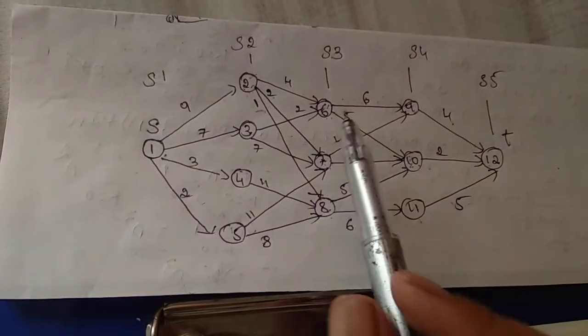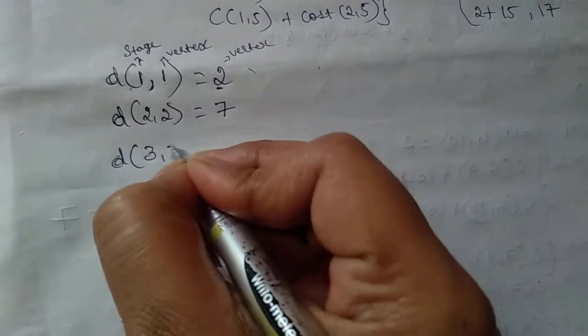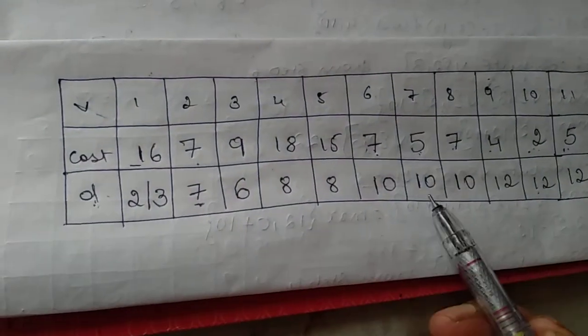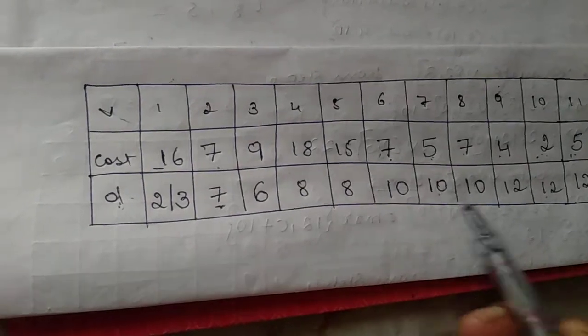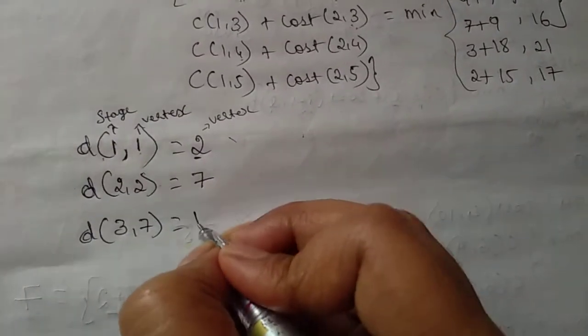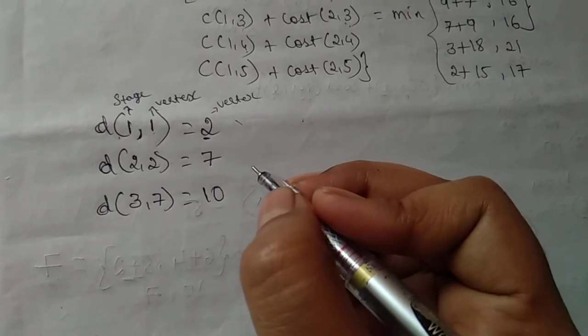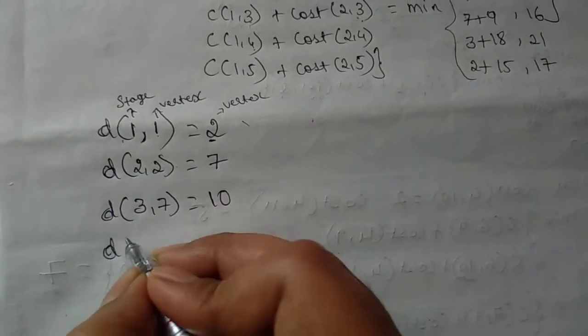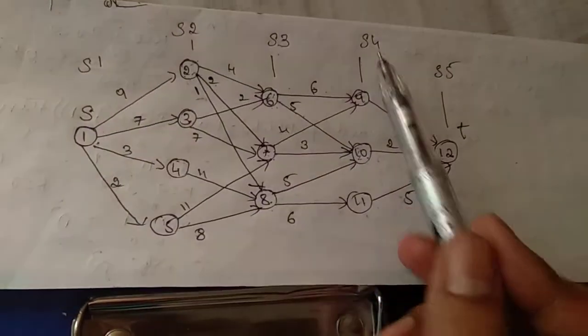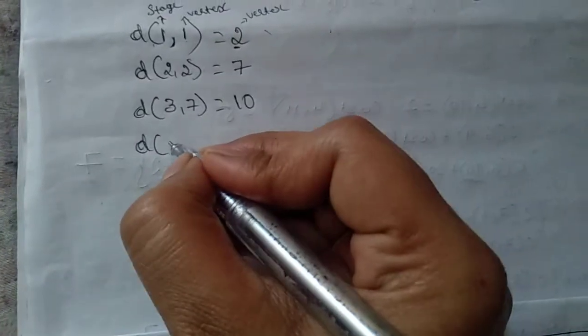Now 7 is present in which stage? Third stage. Stage 3, vertex 7. Come to vertex 7. Where is it going? Towards 10. Then 10 is present in the fourth stage.